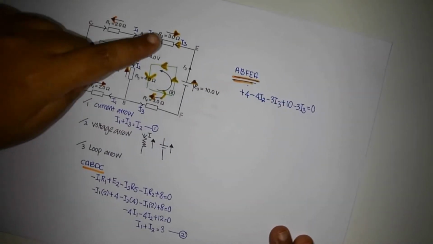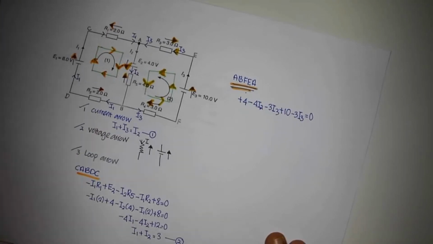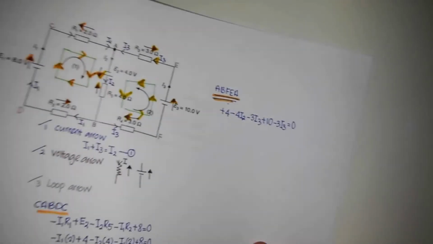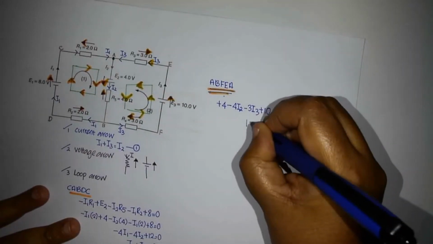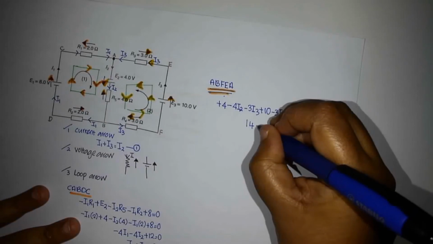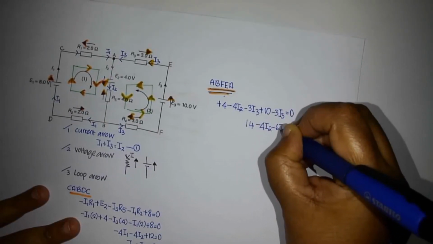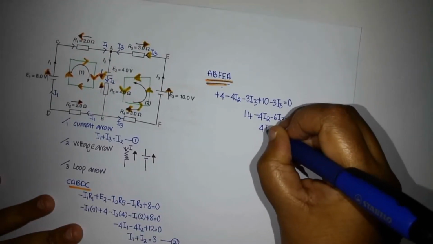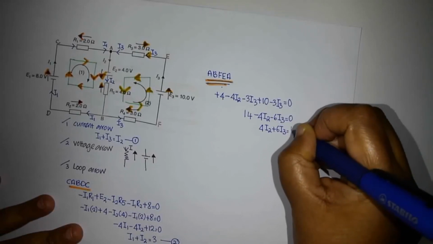The second law uses the voltage arrow together with the loop arrow. So we get this, then we solve it: 14 minus 4I2 minus 6I3 equals 0. Therefore, 4I2 plus 6I3 equals 14.